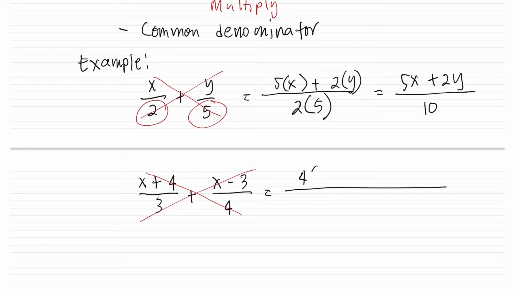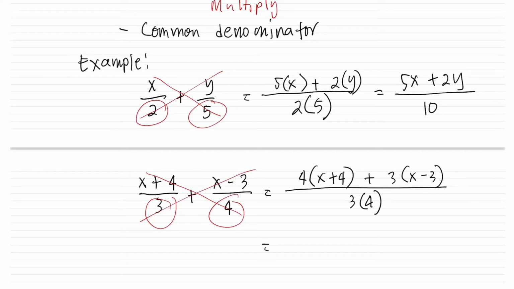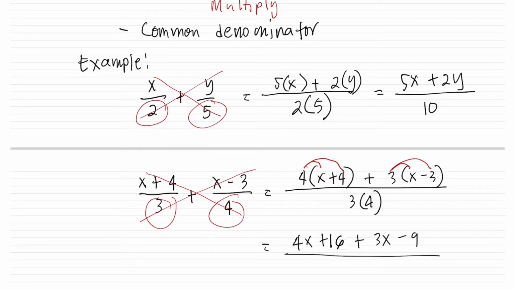So we have 4 times x plus 4, copy the sign, plus 3 times x minus 3, and then we multiply the denominators, 3 times 4. Then we simplify the numerator by distributing inside, so it becomes 4x plus 16 plus 3x minus 9 over 12.